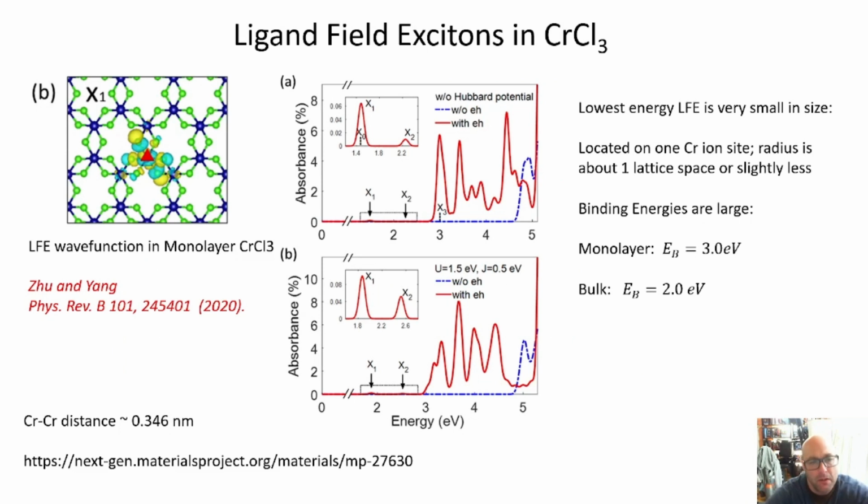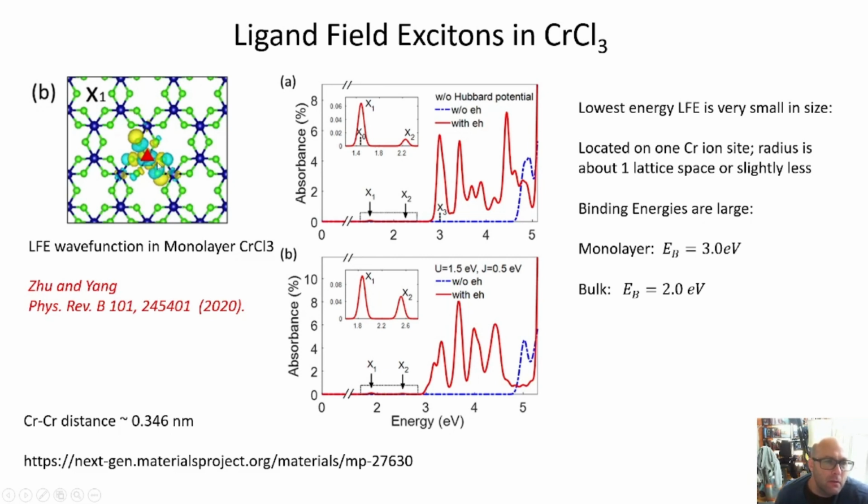But luckily, there's been a fairly sophisticated theoretical study of the excitons in chromium trichloride recently. So here is a picture from Zhu and Yang in 2020 where they show the exciton wave function, in this case in a monolayer of chromium trichloride. Each of these blue circles is a chromium ion, and the green ones are chloride ions.